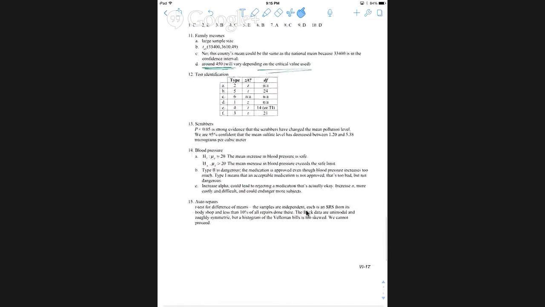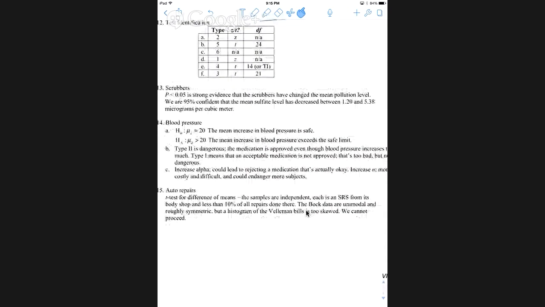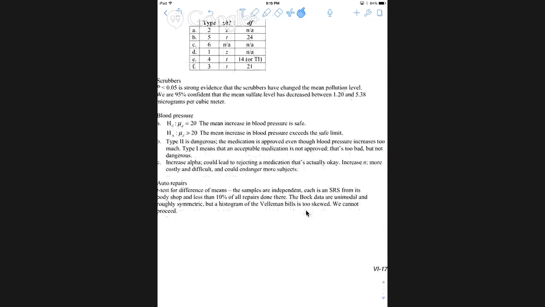Plus if we're wrong, we got a lot more people that could possibly be in danger, right? So we could possibly endanger more people. It could be costly and difficult. By increasing our alpha, though, we could be rejecting the medication that's actually okay. So we would be doing that more often. That's the disadvantage of both.